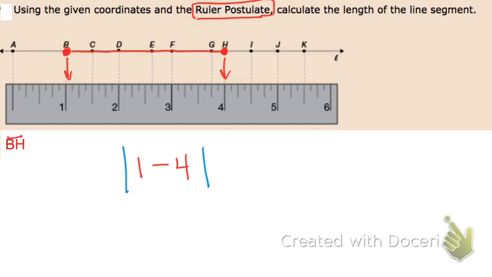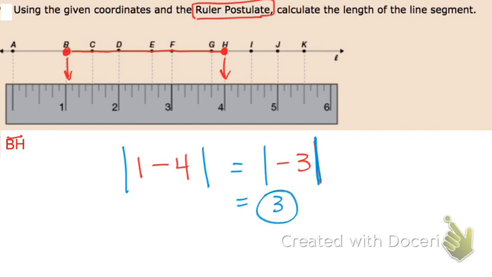The reason you're taking the absolute value is that 1 minus 4 is -3. Absolute value just makes the number inside the absolute value brackets positive. You do it for the ruler postulate because the measure of a length of something can't be negative. So this would just be +3.